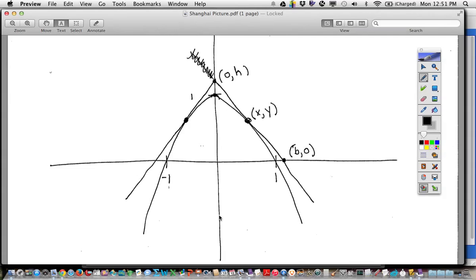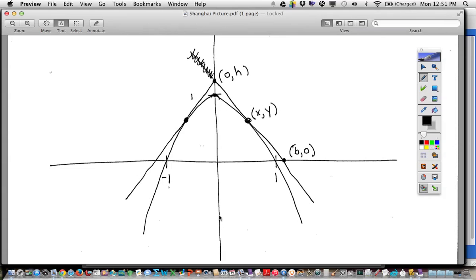Not the curve, but something else. And that's what we know here. We know a couple other points on this line. We know the x-intercept, we know the y-intercept. Now, we don't know what they are numerically, but we can at least label them. Okay? That's the Shanghai situation, when we have a tangent line to a curve, but we don't know where it touches the curve. So we've got to have some other information.